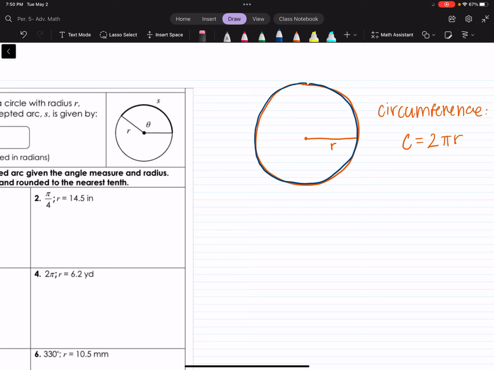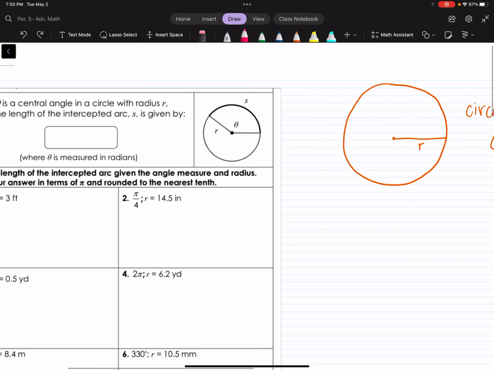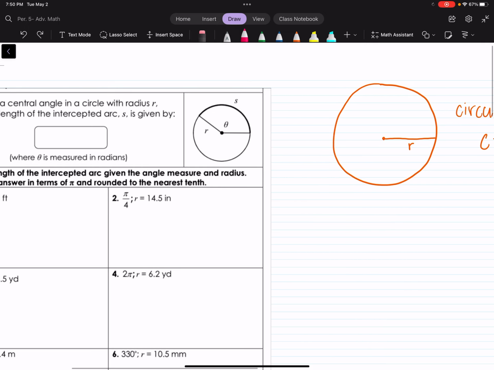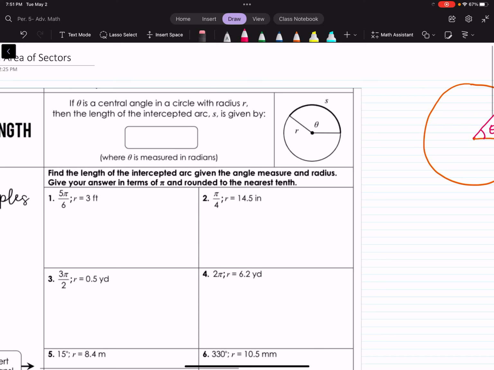Now if you only wanted to find the distance of a piece of the circle, that's what we call the arc length. So let's create a piece of the circle. Let's create an arc length. In order to do that, let's consider a central angle of theta. So we have this angle right here, theta, and then obviously our radius r.